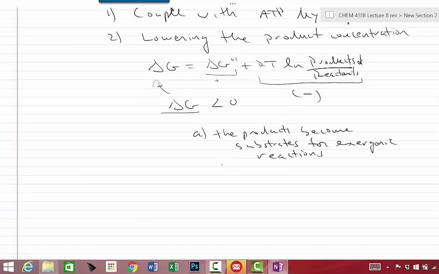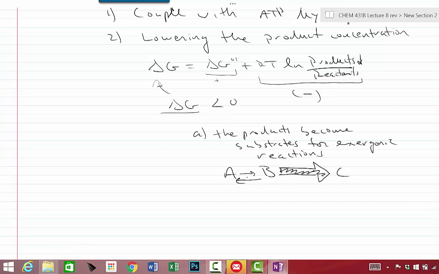Let's take this example of A going to B. And let's say this is an endergonic reaction, so that most of the time you have the B going to A. That's favored, where B goes to A. However, if you've got a very strong exergonic reaction where B is going to go to C, you can drive this reaction forward.